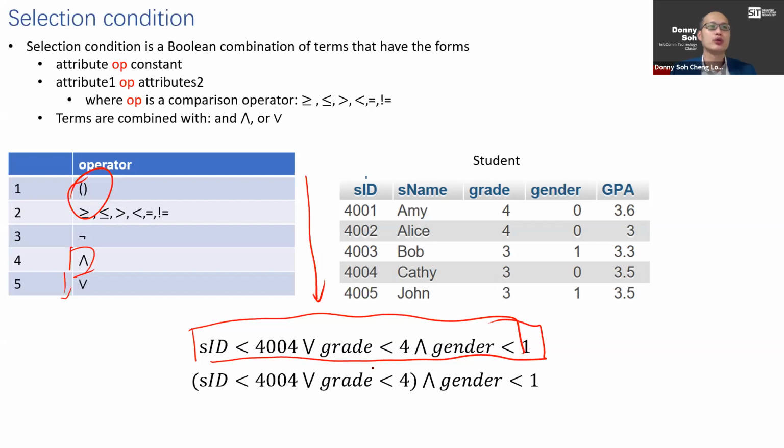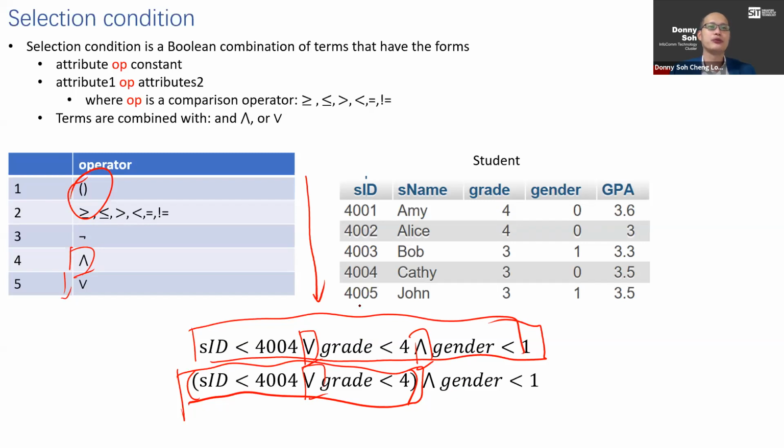If we were to use the operators here, this would come in first, followed by this. But if you want the OR operator to come first, then we have to put it in brackets so that this entire thing will be evaluated first, followed by this one.